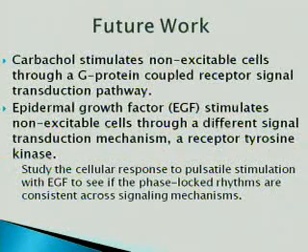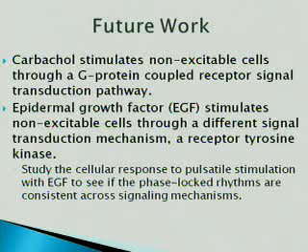In the future, we hope to expand this search to other signal transduction mechanisms. The pathway that we use stimulated by carbachol is a G protein coupled receptor pathway, which involves many thresholds that need to be met in order for the signal to be passed on farther down the line.